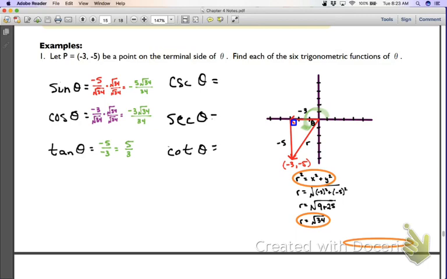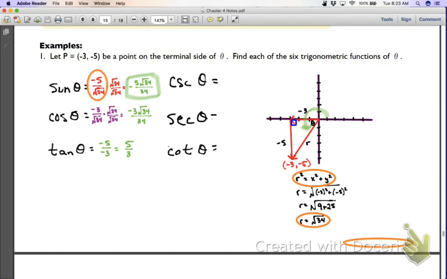Now, hopefully, again, this is one of those things that you can make a lot easier on yourself. Do we want to re-rationalize the reciprocal of -5 times the square root of 34 over 34? Do we want to flip it and then have to re-rationalize this thing again? No. Where's the easy place to look on both sine and cosine?